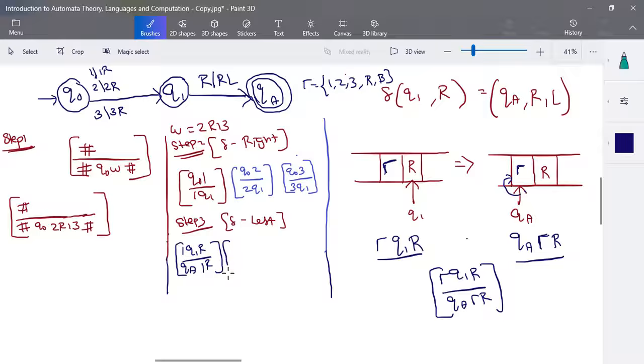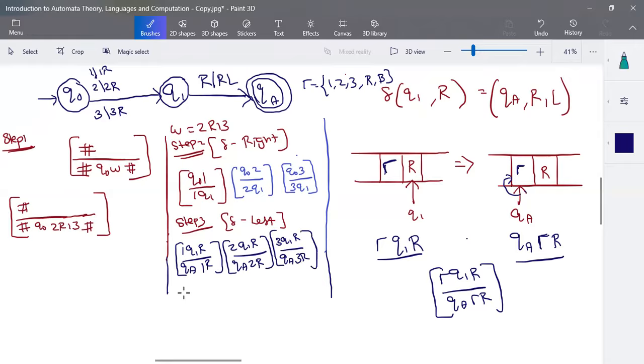Wherever I have the tape element, I have entered the value 1. If my tape element is 2, the domino formed will be 2 Q1R and QA 2R. When my tape element is 3, 3 Q1R followed by QA 3R.